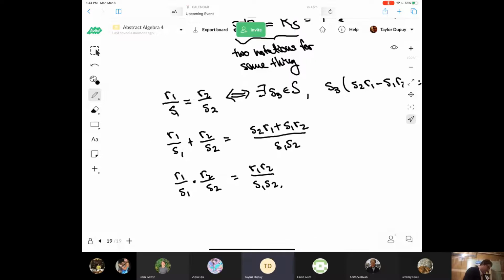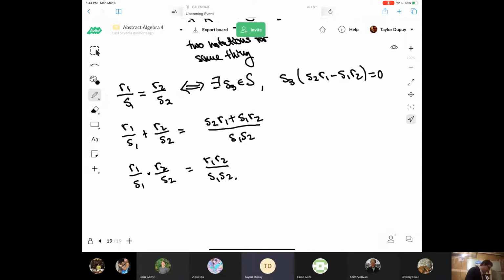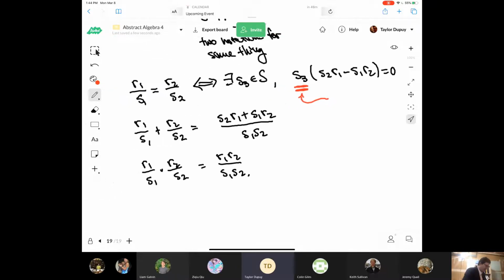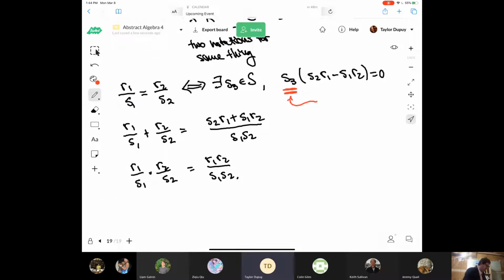Okay, so these are the addition and multiplication rules. And so the key point here is that now we've added this s3, so that anything that is killed by an element of S is now 0. Okay, this is a very important distinction.